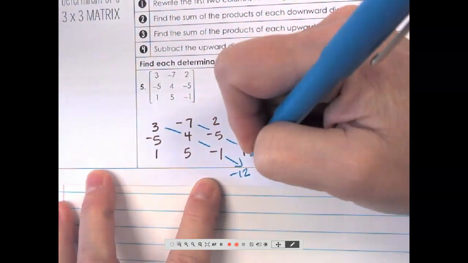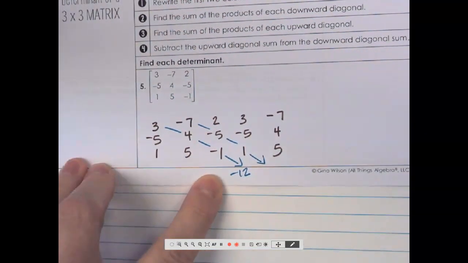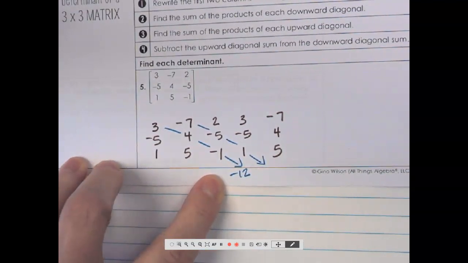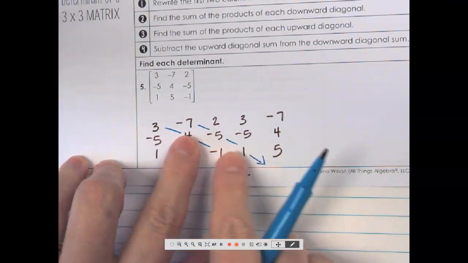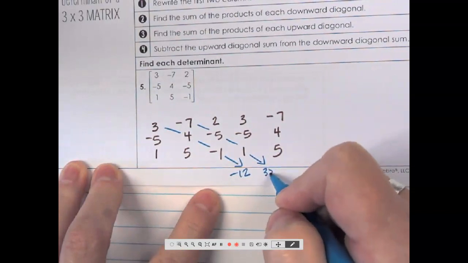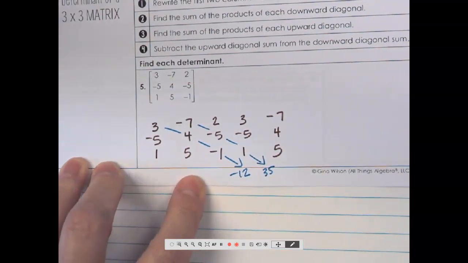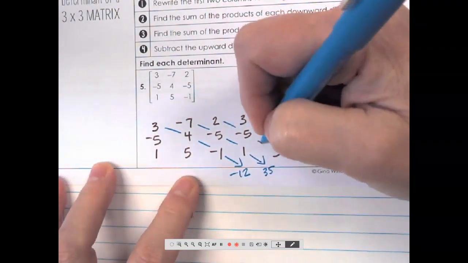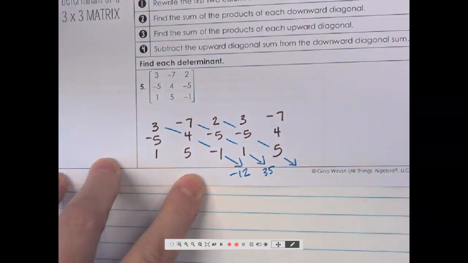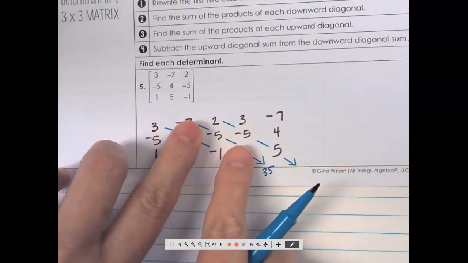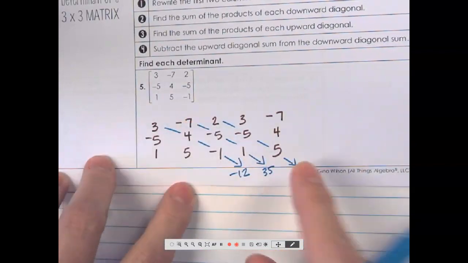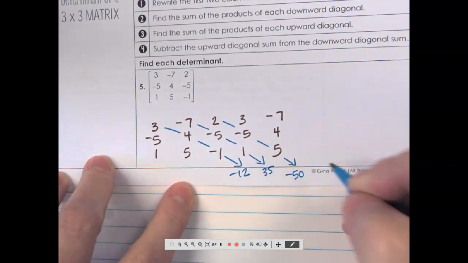Then I have another 3 by 3 diagonal right next to it. So that's positive 35 times 1 is 35. And then I have a third diagonal of 3 in that same direction. So that's -10 times 5 is -50.